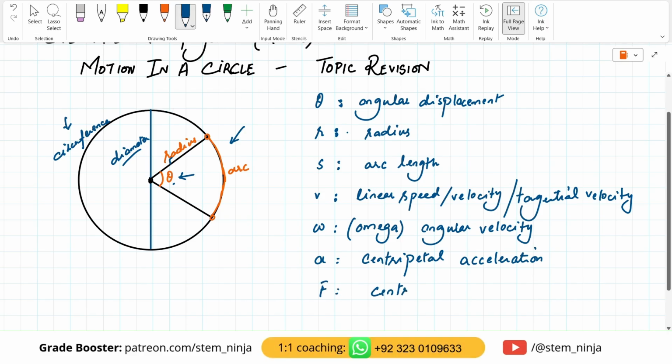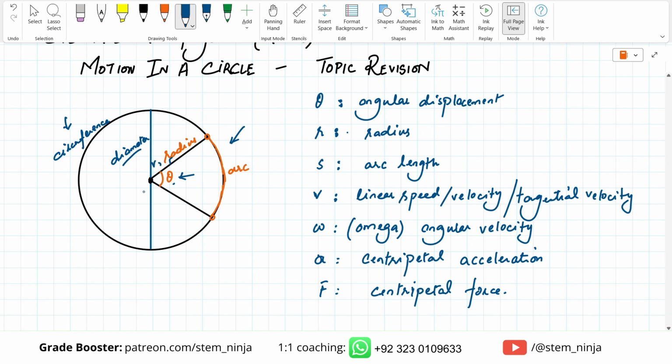These are the terms that we need to be good with. At least we should know what the symbols mean and what they represent. So theta is the angular displacement, r is the radius. You could have d for diameter also.